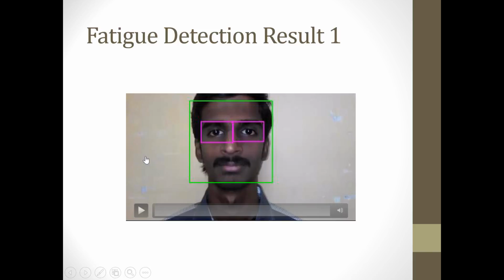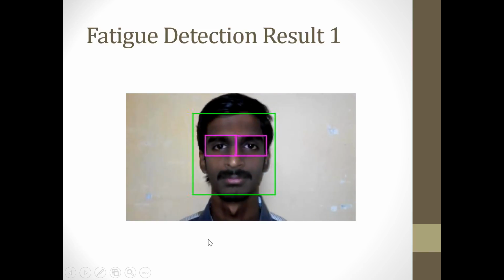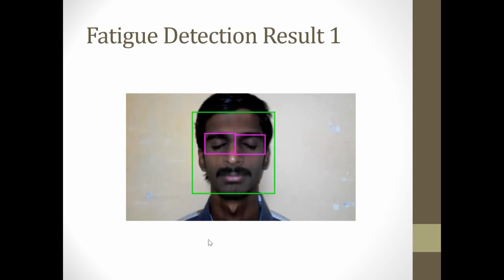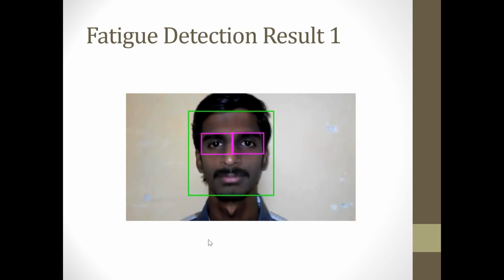And this is the result obtained after the video is processed. You can see that the warning symbol arises when the user closes the eyes for more than 30 consecutive frames or 2 seconds.